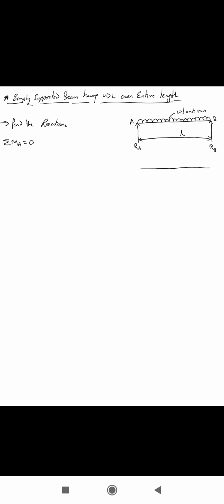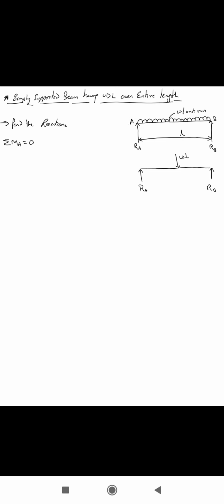Now if I have to find out the reactions, then I need to replace this UDL with a point load, right? And we know that the intensity of the UDL will be W into L, because W is the intensity multiplied by its length will give us the load.